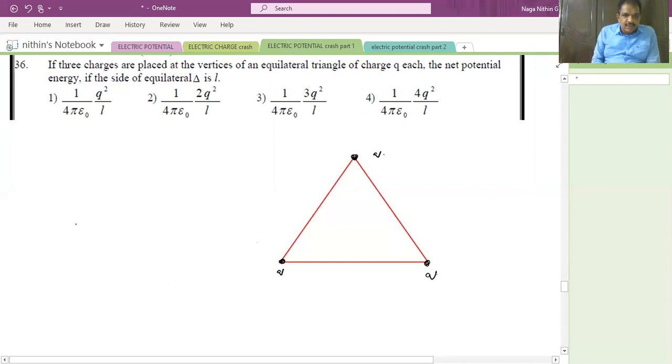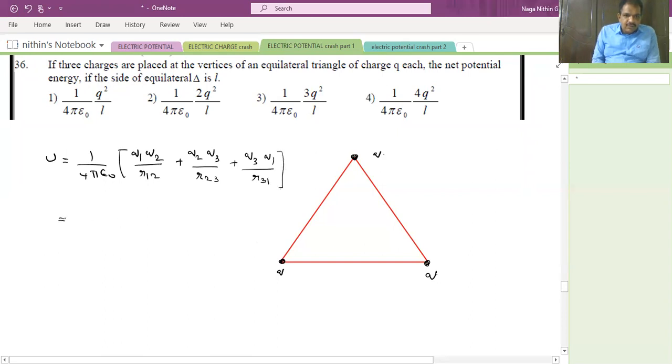What is the formula for potential energy of the system? U is equal to, as 3 charges are there, 1 by 4 pi epsilon naught, Q1 Q2 by R12, plus Q2 Q3 by R23, plus Q3 Q1 by R31. Okay.